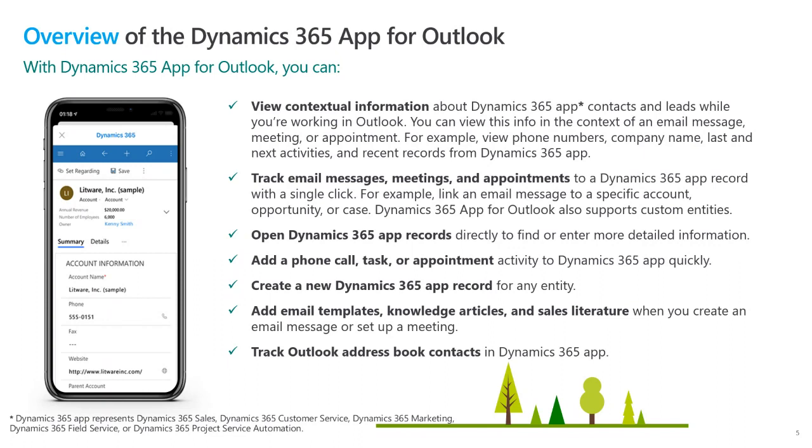And you can also use some of the productivity features that help users use email templates that you've configured in Dynamics 365, knowledge articles, or sales literature documents in the new emails that you send in Outlook, right from Outlook, by using all of the templates, documents, or KB articles that have been configured in Dynamics 365. And last, on the Outlook desktop, you can also track your address book contacts so that your contacts are reflected from Outlook to Dynamics 365, with a synchronization in place between the records.